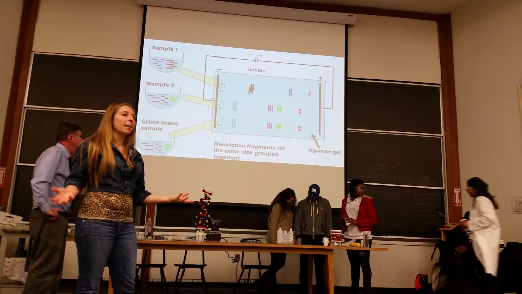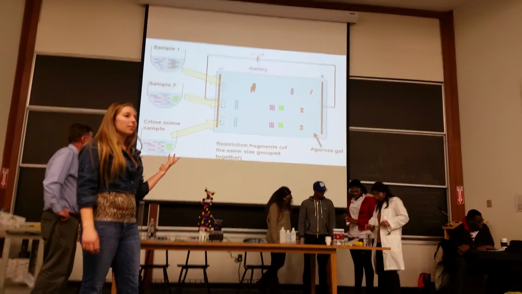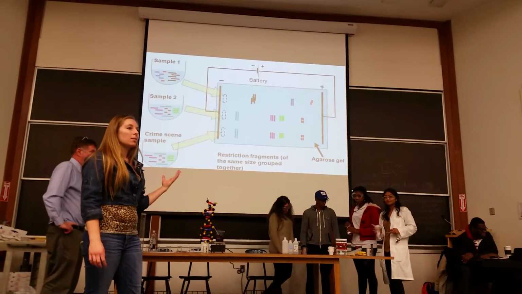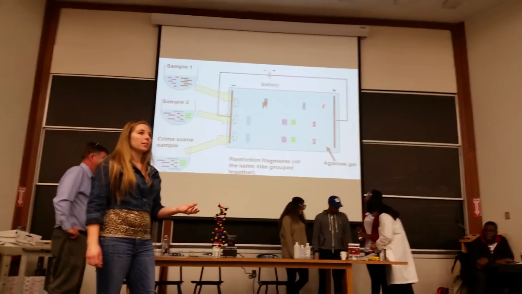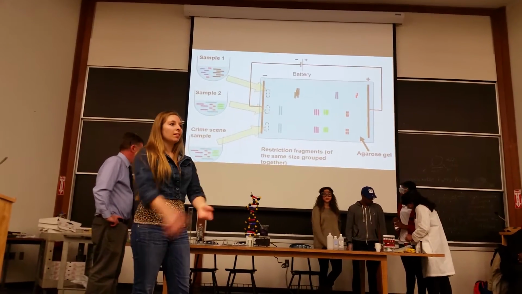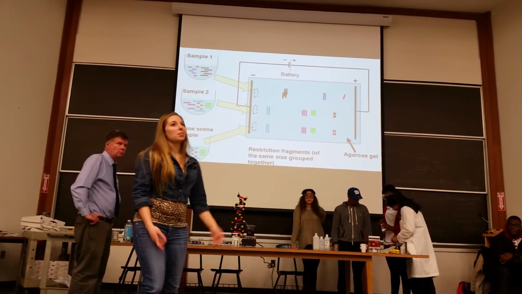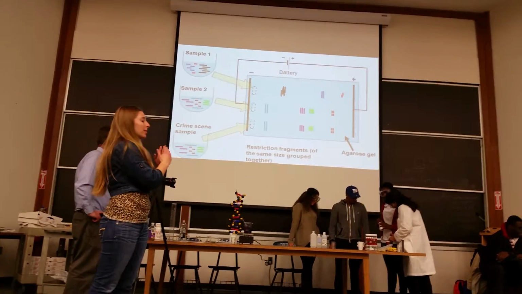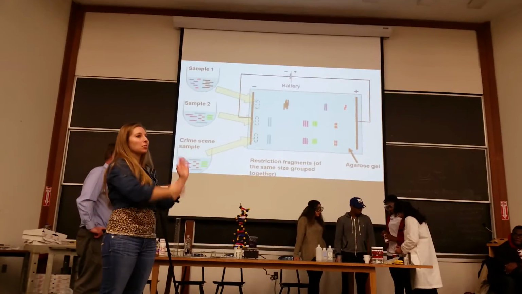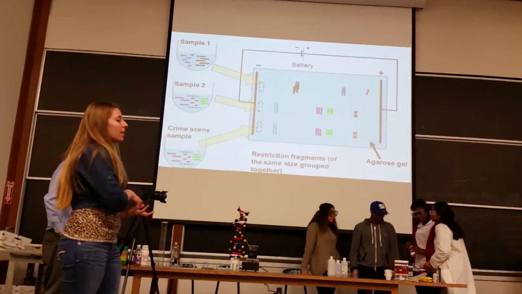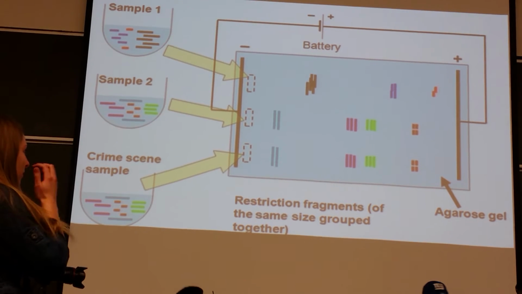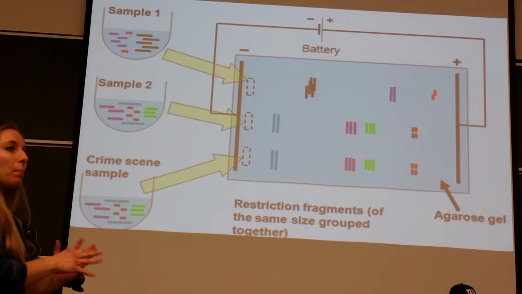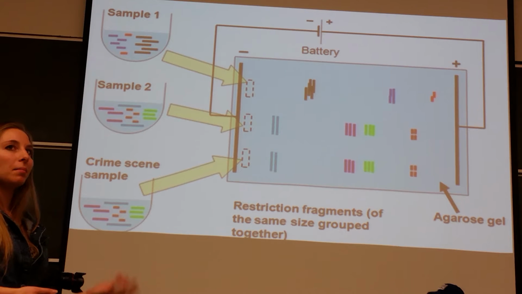So why do you think that the wells are on the negative side? What does this have to do with DNA's characteristics? Does anyone remember what I told you in the beginning of the presentation? Yes, DNA has a negative charge. So negative charges repel each other, and the positive charge would attract the negative. And as the DNA migrates through the agarose gel, it will be slipping through the pores, since it's a porous medium.